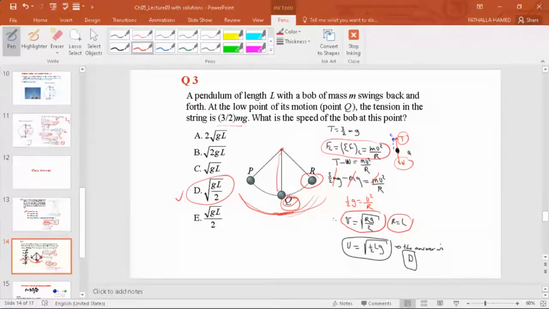But you can always pick points on the circle, and you can say the net force toward the center is equal to mv squared over r. You may actually have a tangential acceleration, and then you have a tangential force as well, and then you have to combine them. But in this case, we only wanted to illustrate that also in circular motion, you have to look at a net force toward the center of the circle, which is equal to mv squared over r. Is this clear?